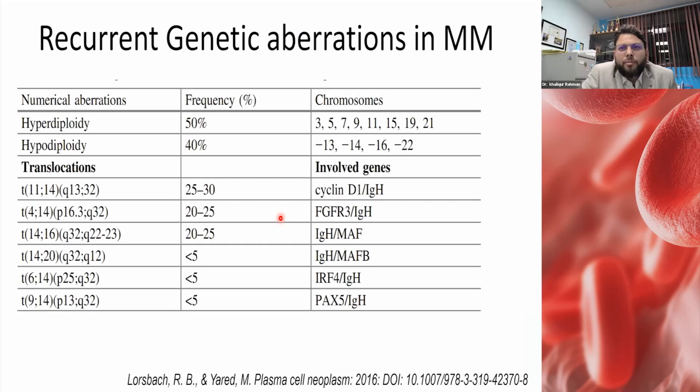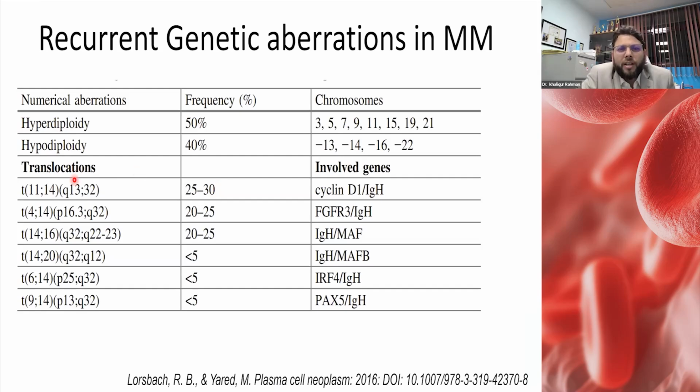So the recurrent genetic abnormalities in multiple myeloma: the numerical abnormality in the form of hyperdiploidy or hypodiploidy is seen, and hyperdiploidy typically with an odd number of chromosomes is noted. Then we have a structural abnormality in the form of translocation, where IGH at chromosome 14 is commonly involved with different translocation partners.